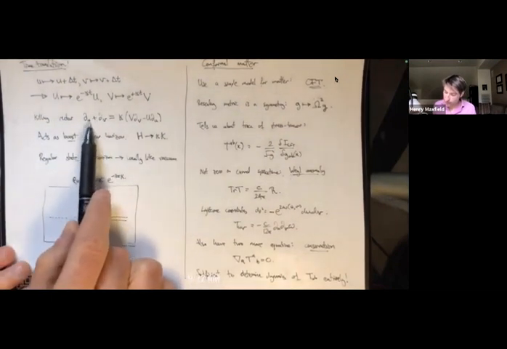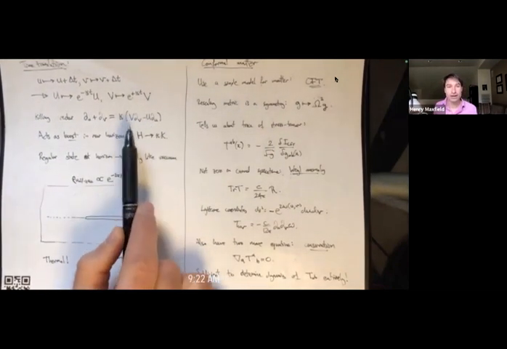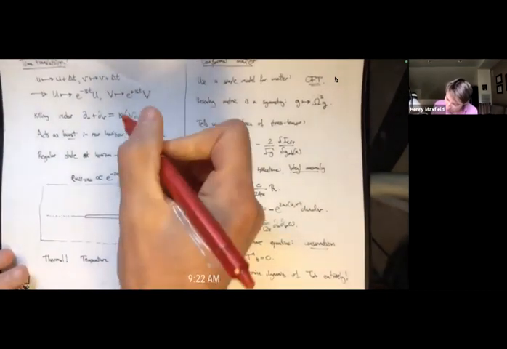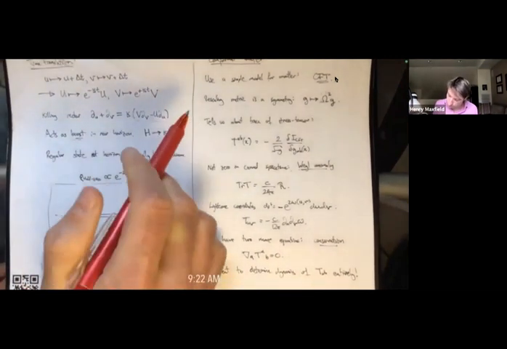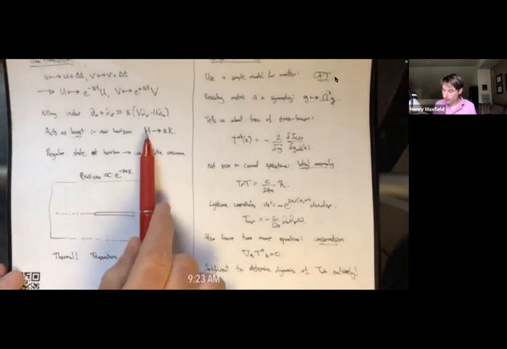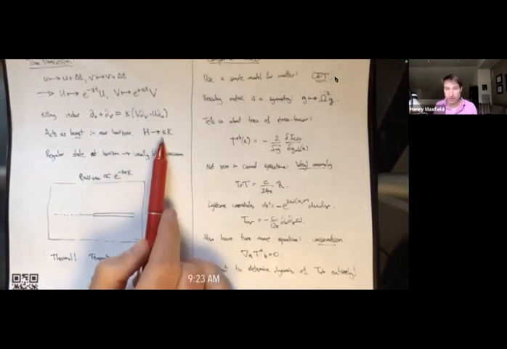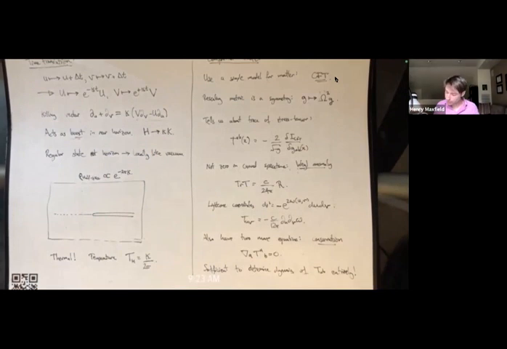Another way to say that is that there's a Killing vector that defines time translation, and in the near horizon it looks something like this. And this is a familiar Killing vector. This thing is a boost. And so one way to think about this is that the Hamiltonian that's generating time evolution in the black hole background, in the near horizon, looks like the surface gravity kappa multiplied by a boost.